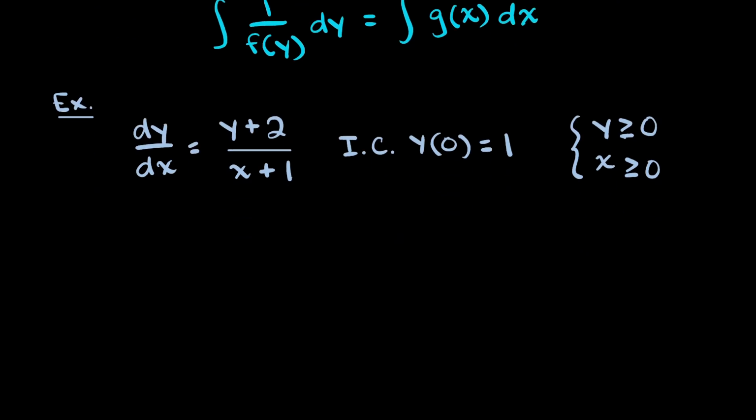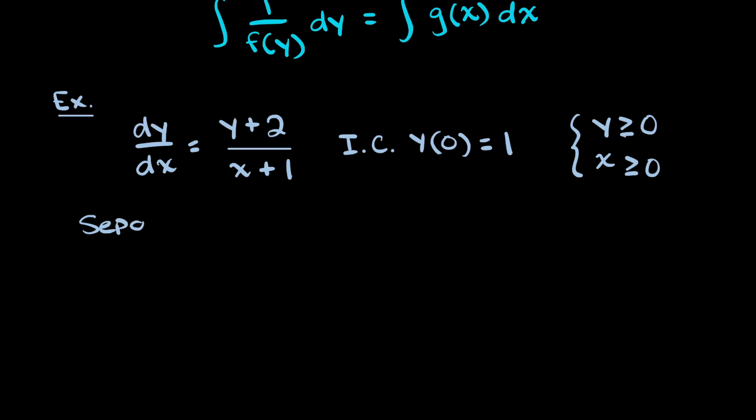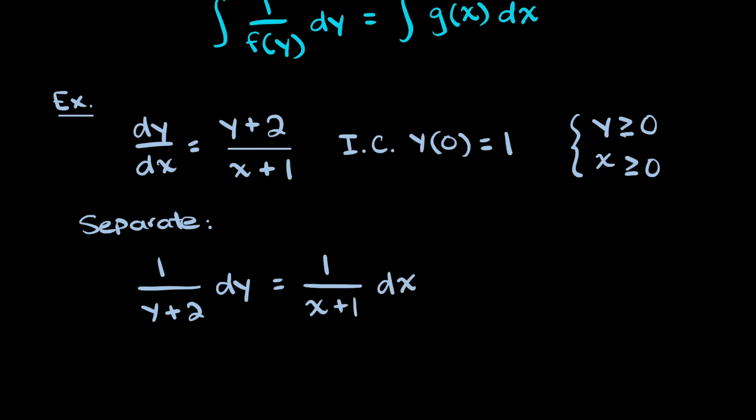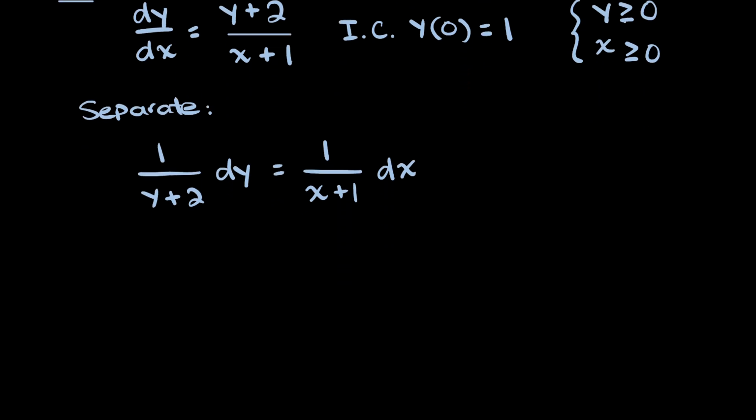And so now, when we want to separate this, we're going to divide both sides by the y plus 2 and multiply both sides by the dx, just like we did in the general case. So what we're doing is we're trying to keep all the y's on one side and all the x's on the other side. Now at this point, there's two different ways of how we can go about solving this equation.